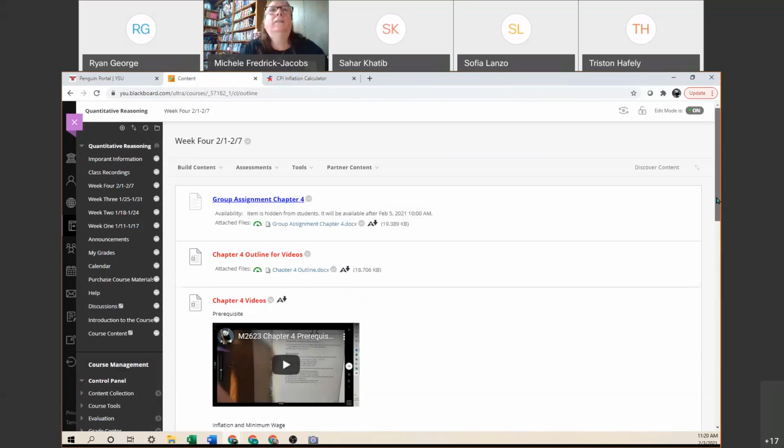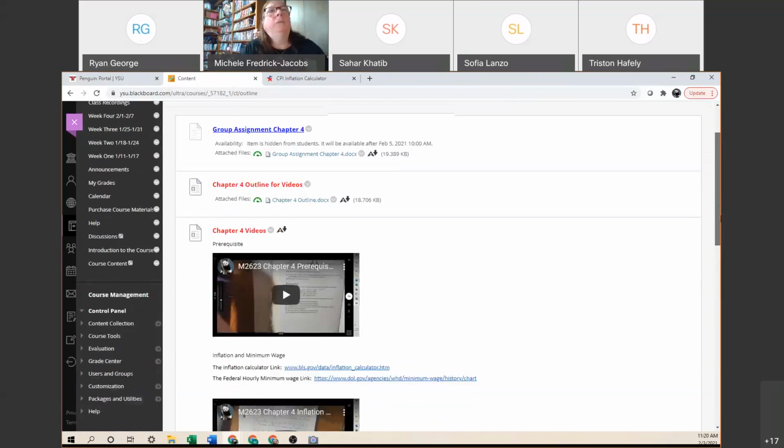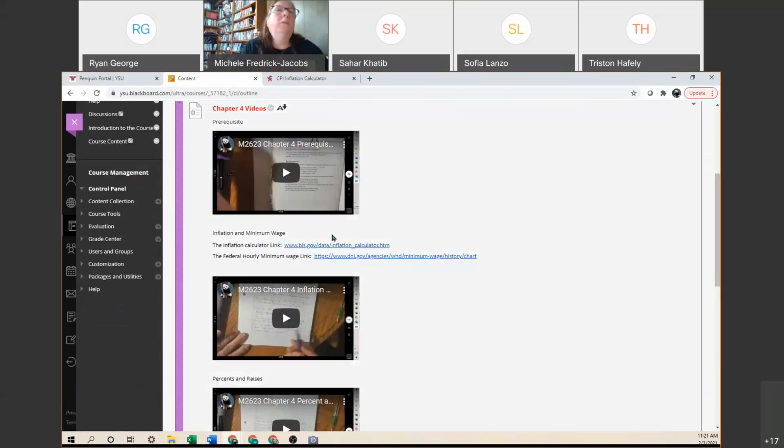Even when you just bring up chapter week 4, it won't work here either. If I go to week 4 and click the inflation calculator, it comes right up. If I click the other one, the minimum wage chart, it doesn't even load.